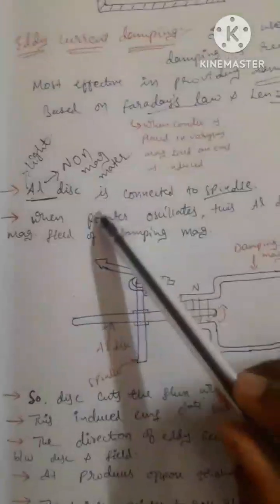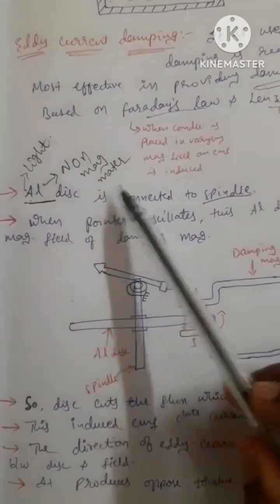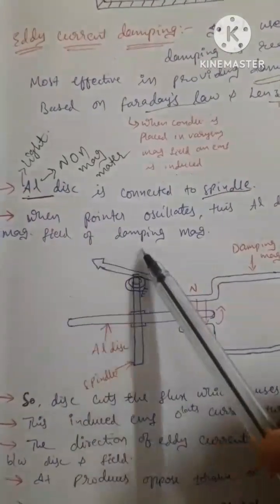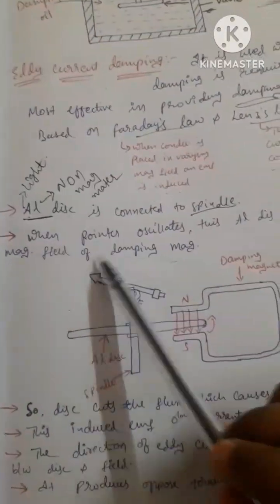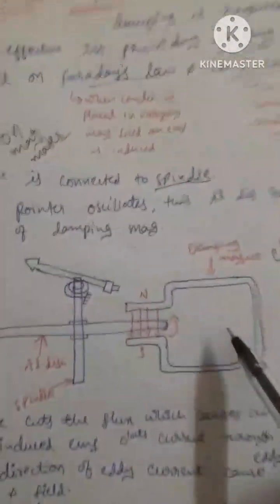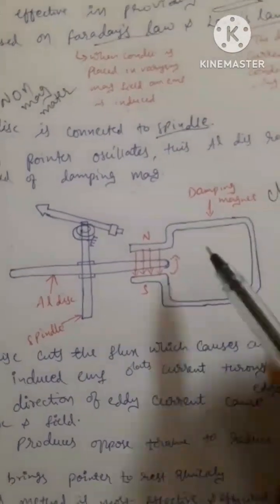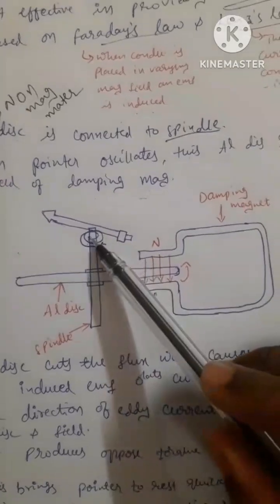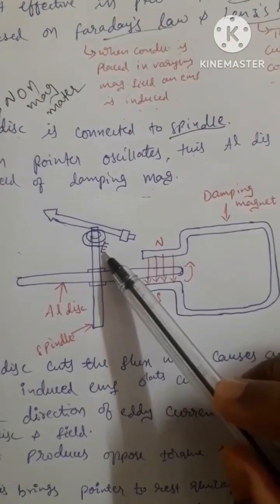When the pointer oscillates, this aluminum disc rotates under the magnetic field of the damping magnet. So see this eddy current damping figure. This is the spring, mounted with screws.